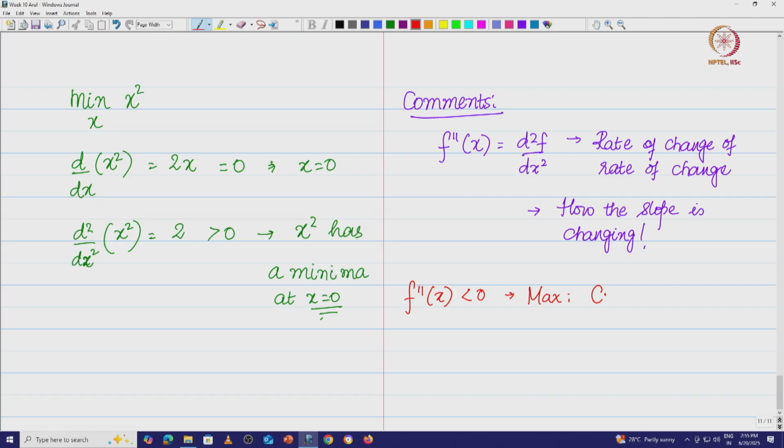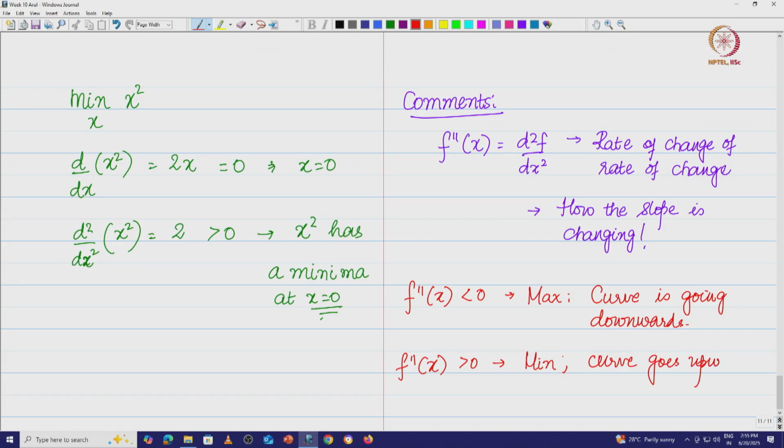That means the curve is going downwards. F double dash of x greater than 0 means you have a minima, and the curve goes upwards. Right, this is what we have. Let us just look at this now.